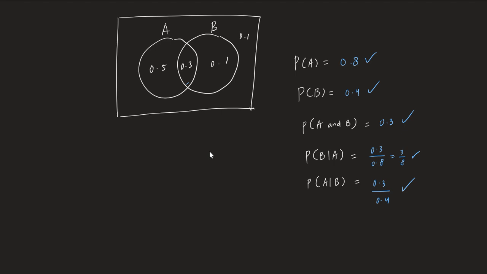Okay, I'm still confused about the A and B. Why is it 0.3? Because in the Venn diagram I can see it's 0.3. But if I don't have the Venn diagram, that's where I'm getting stuck.